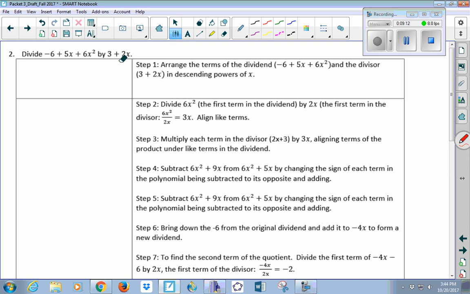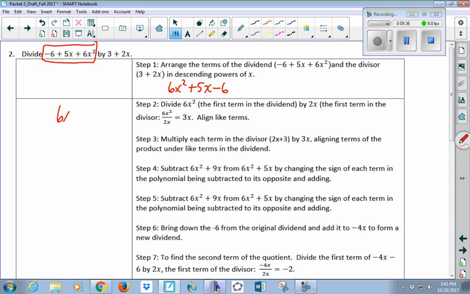So you want to have your largest place value, then your next place value, and your next place value. We say that's descending powers of x, right? So this first one is not in descending powers of x. So we want to put 6x squared first, 5x is where it is, and then our constant term is next.